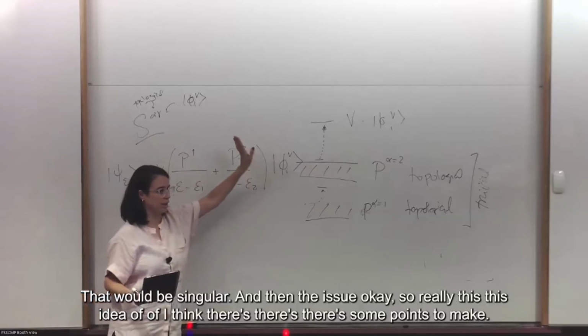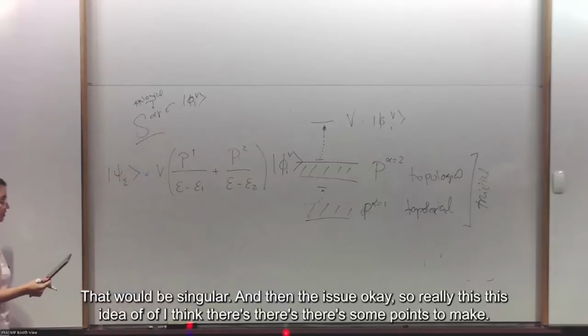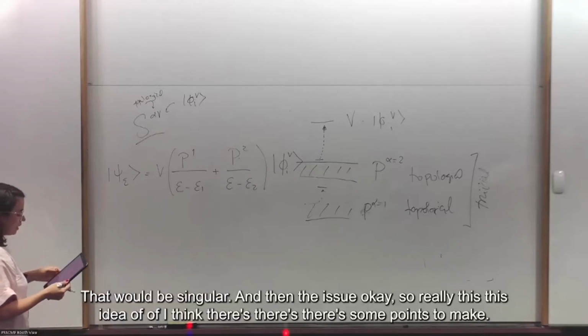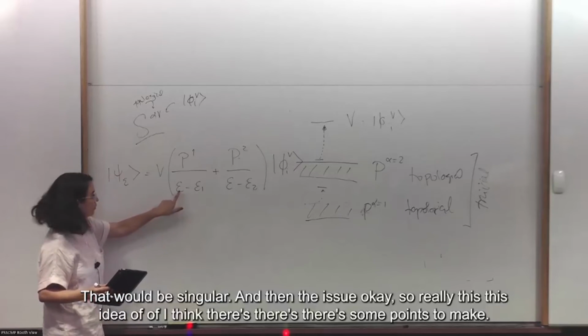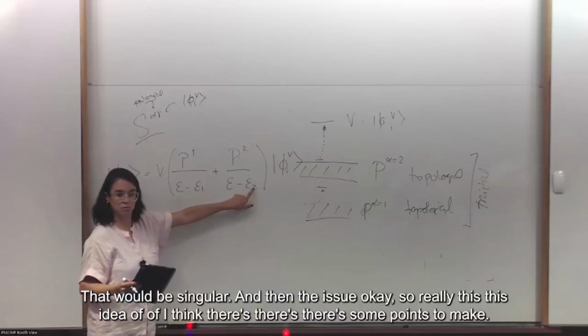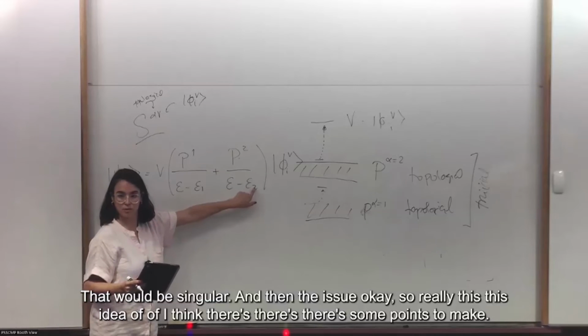And therefore we have this state at very high energies. Now we want to see that it's possible to have a state with E between E1 and E2. Okay, that's what we want to see.